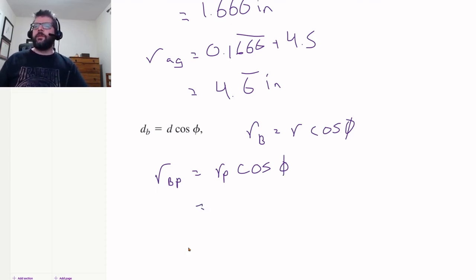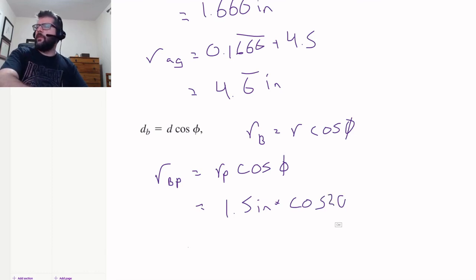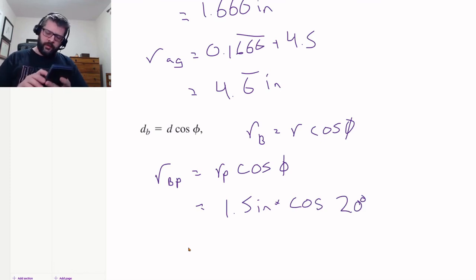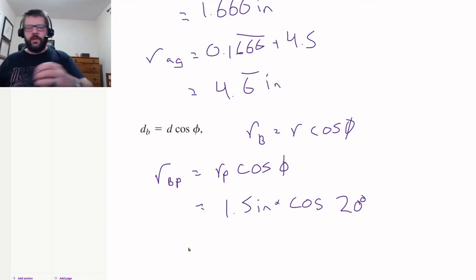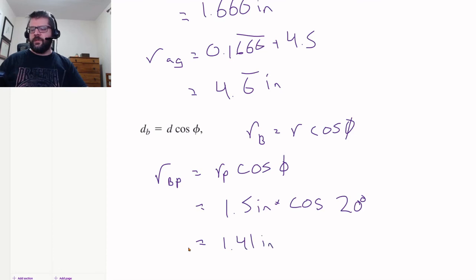So that's going to be equal to 1.5 inches times the cosine of 20 degrees. So let's see here. Cosine 20 times 1.5. That gives us 1.41 inches.